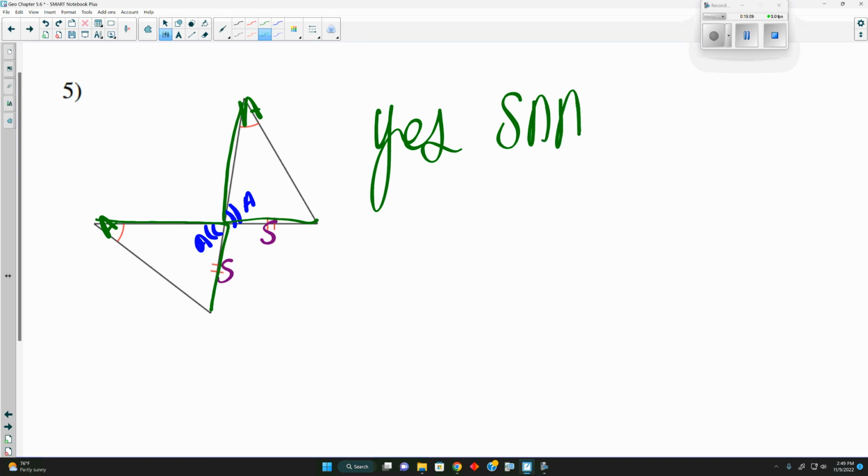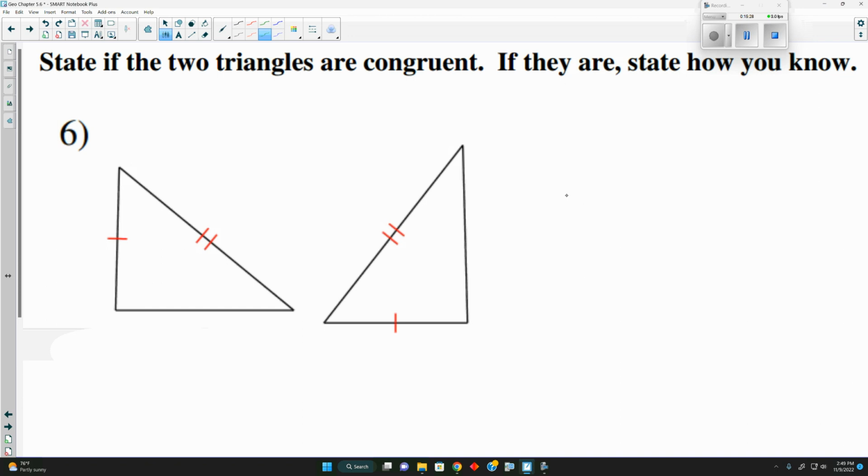So we can say side, angle, angle, or angle, angle, side. Either one is the same. Just pick which one you want to use. Any questions on this here? Are these congruent?